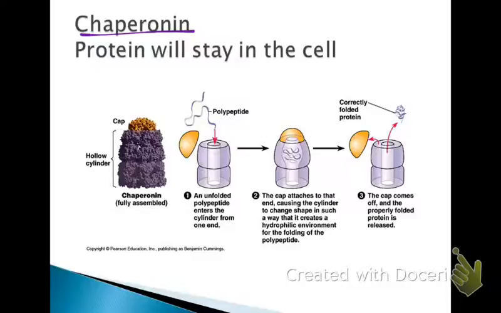You'll have a polypeptide, which means that it's a protein, that's going to actually go down into this chaperonin, which is like a cylinder, and it makes sure that it gets folded up like it's supposed to. If it uses this, it's going to be a protein that stays inside the cell. It is not being made to leave the cell.